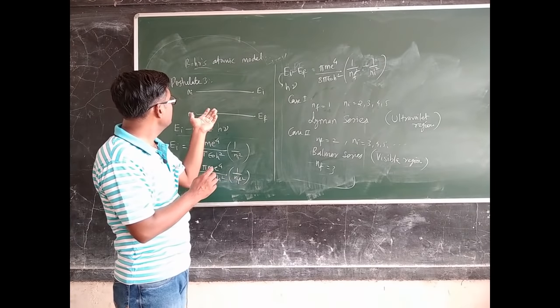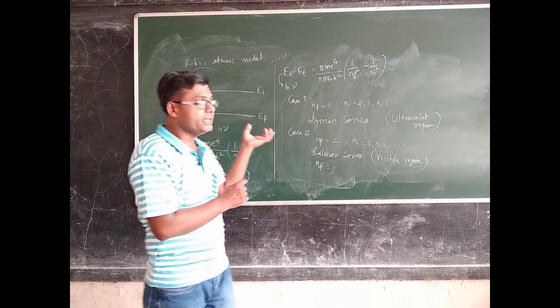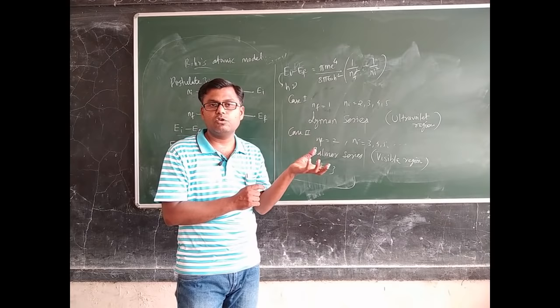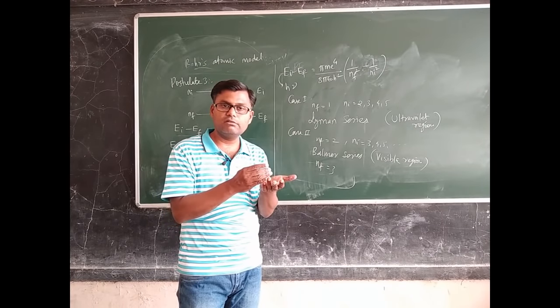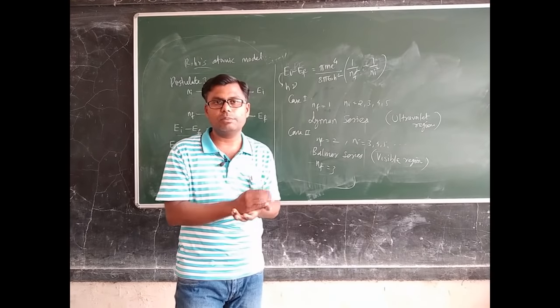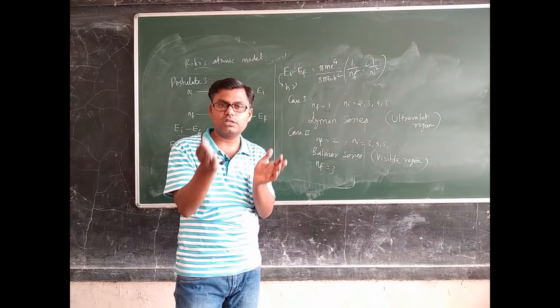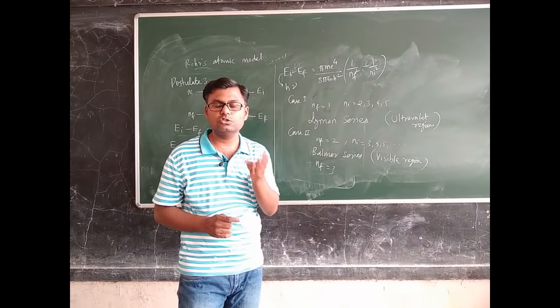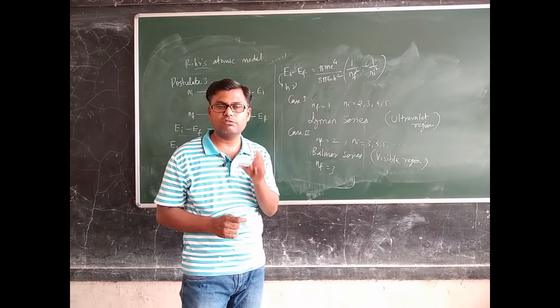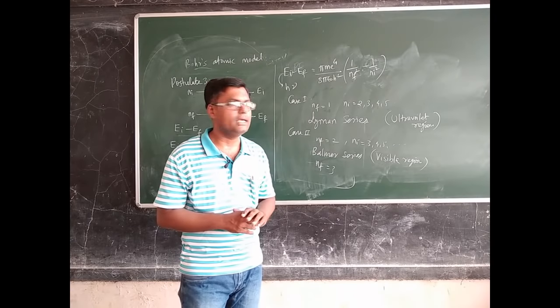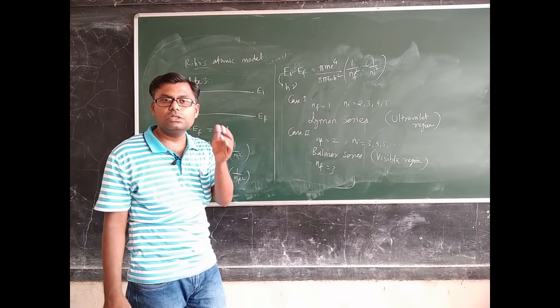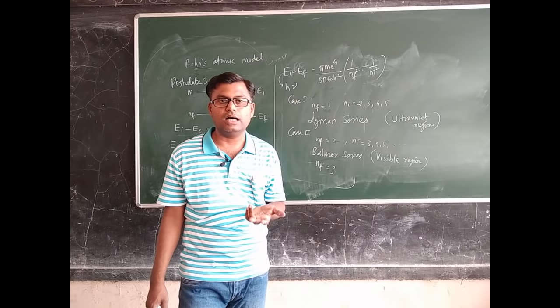Second, he has given another type of orbit, which are called stationary orbits, and he not only gave the name stationary orbit, he also obtained the formula for that stationary orbit. So only those orbits will be called stationary orbits for which the angular momentum is equal to an integral multiple of h upon 2 pi. And thirdly, how the different spectral lines are arising.